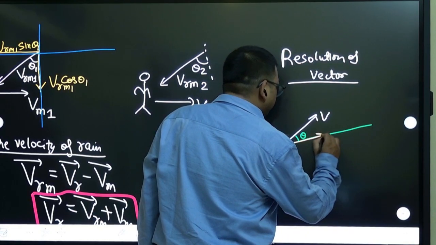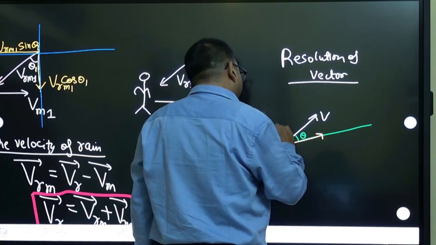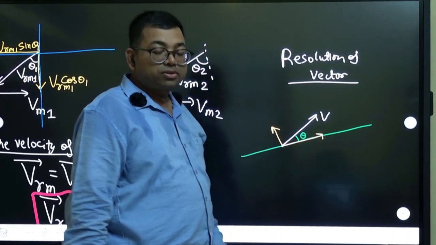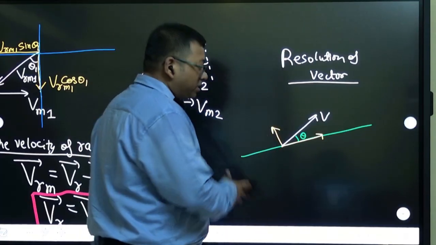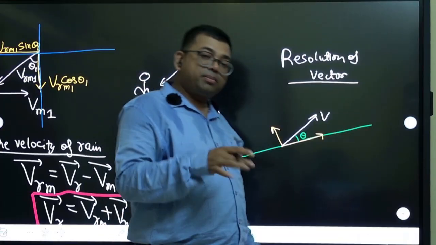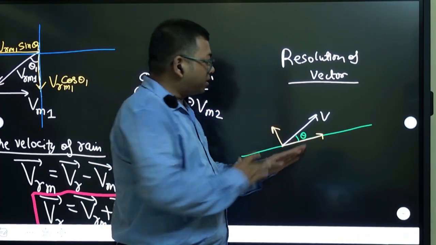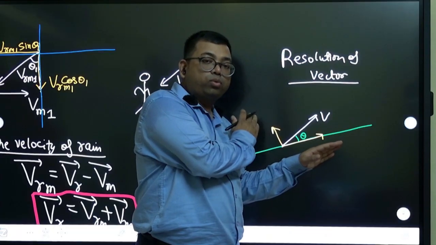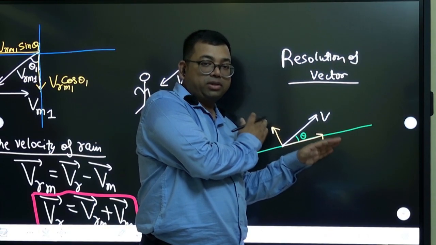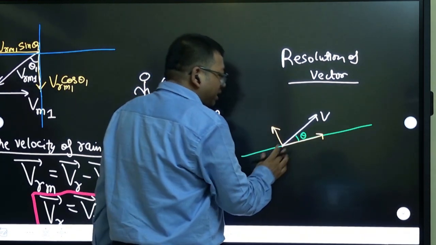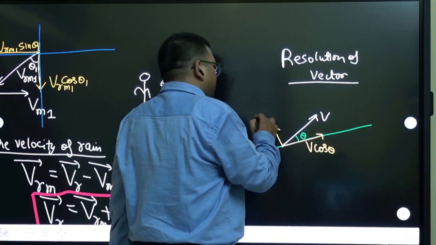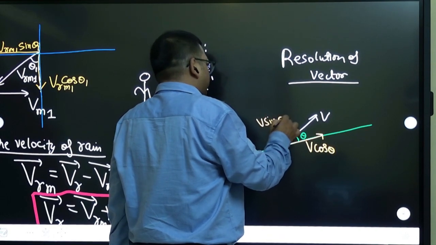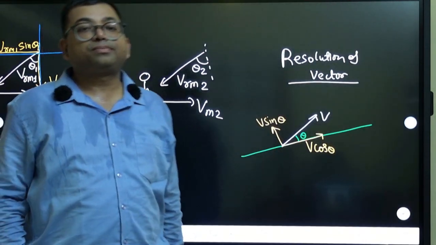One perpendicular is like this, another perpendicular is like this. This is called resolution into perpendicular components. This direction need not be the x axis or y axis, but these two directions have to be perpendicular. So the direction which is making angle theta, that component is v cos theta and the other one is v sin theta. First you need to understand this. Clear?